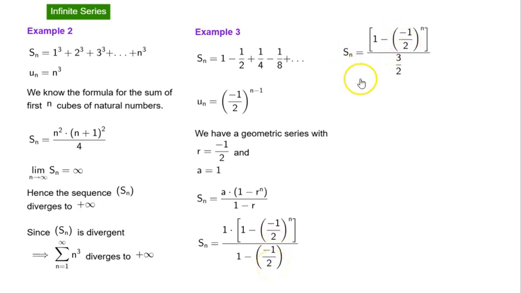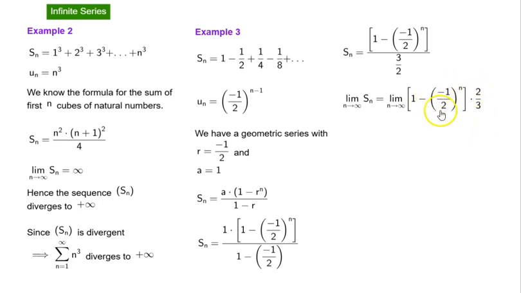Now it's just a question of simplifying it. Keep simplifying it till we get 1 minus minus 1 by 2 to the power of n times 2 by 3. And now we take the limit on both sides. So the limit as n goes to infinity of S sub n is equal to the limit as n goes to infinity of 1 minus minus 1 by 2 to the power of n times 2 by 3.